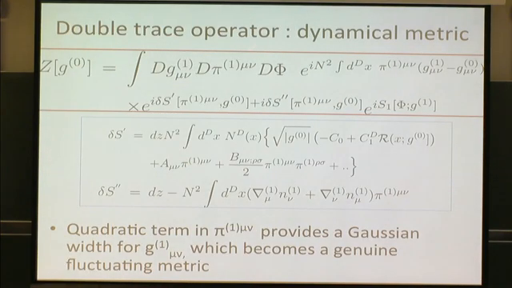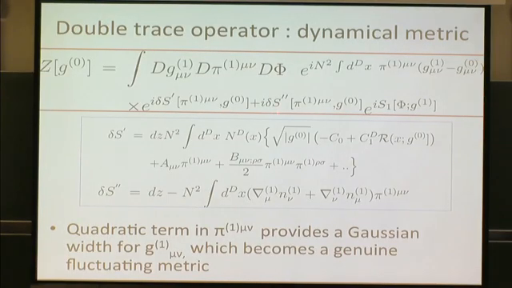So at the end of the day, my partition function is now written as a partition function for the theory where I have only the single trace operator S1, but this time it is coupled to a dynamical metric G1. So the metric G1 is fluctuating, and the distribution of the metric is controlled by the action generated by this beta function.